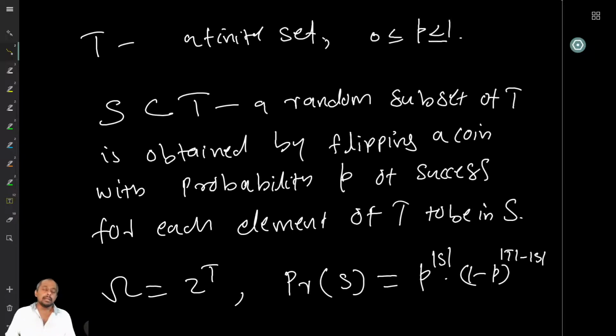I want to choose a random subset of T, which we call S. To get a random subset, what I can do is flip a coin for each of the elements in T. I pick the first element, and corresponding to it, I toss a coin.